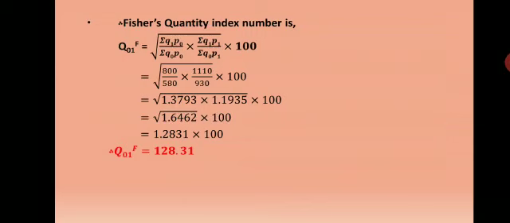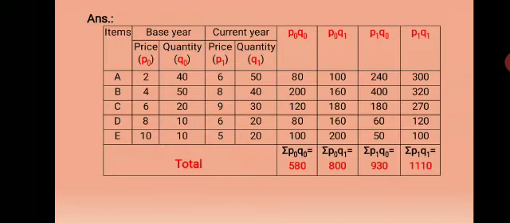Then we put all the totals calculated in the previous table: P0 Q0 is 580, P0 Q1 is 800, P1 Q0 is 930, and P1 Q1 total is 1110.